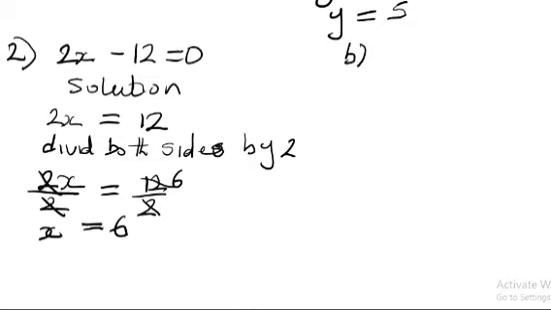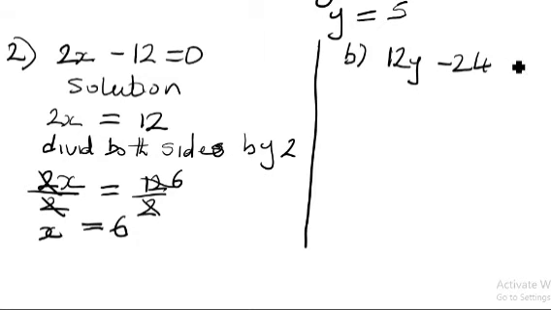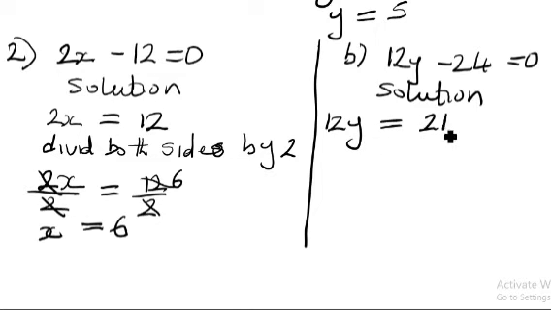Let's say number 2b, I have 12y minus 24 equal to 0. Following the same thing, you can do that on your own. I have solution: 12y equal to 24.